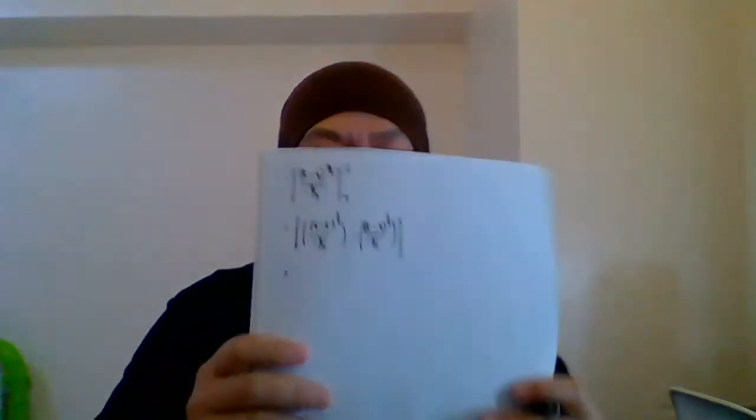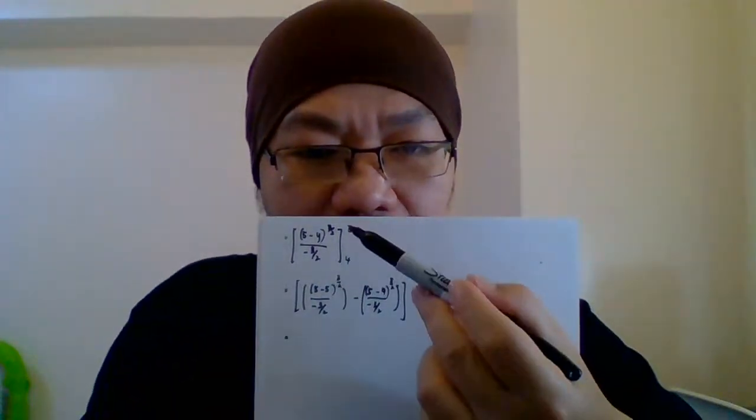I substitute the 5 first: 5 minus 5 power of 3 over 2 over negative 3 over 2, minus 5 minus 4 power 3 over 2 over negative 3 over 2, close the bracket.